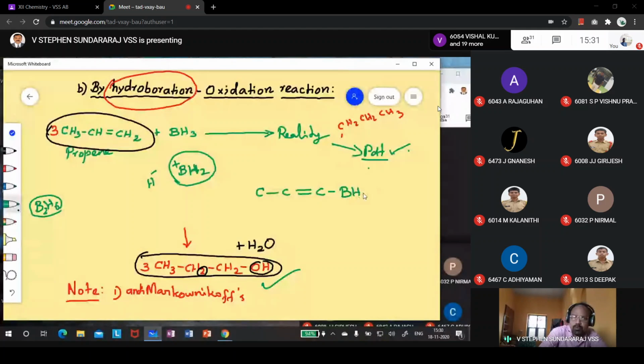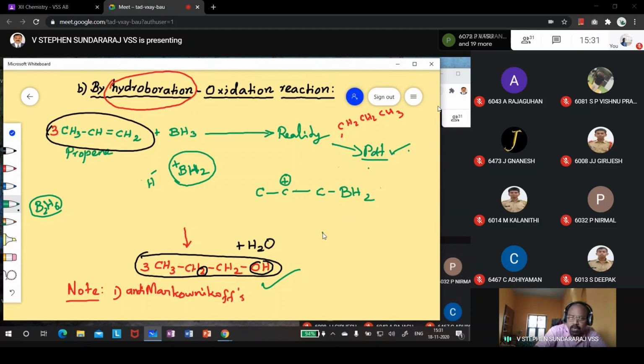And here only hydrogen is attached. How is it possible? That is possible only when this carbon is positively charged. Then what happened? The double bond will go. As per the mechanism you have studied, when you write this single bond, the positive charge will develop here.